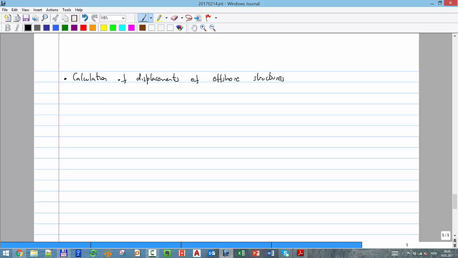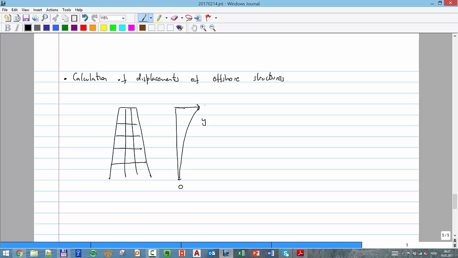Just before we say anything else, we can say usually bottom fixed structures, like GBS, deflect: you have no displacement at the base, and a certain displacement for every y position.